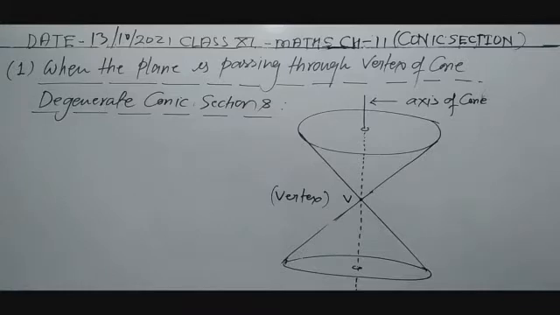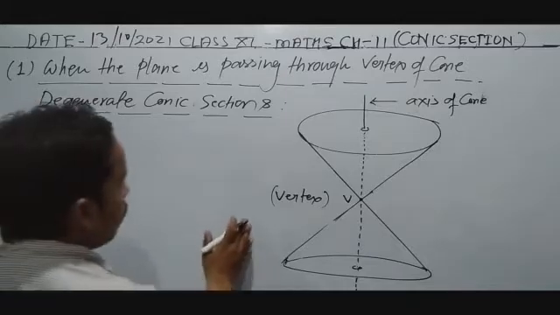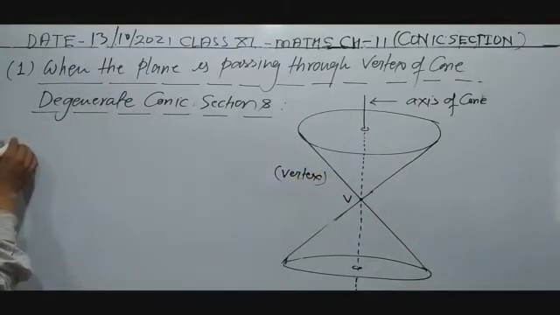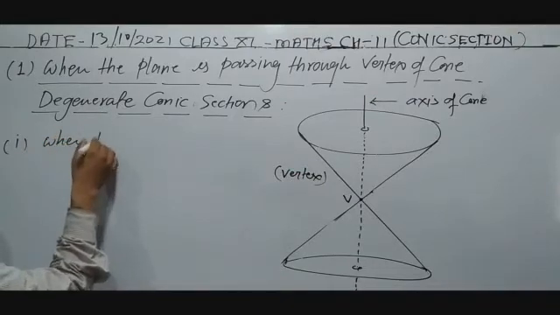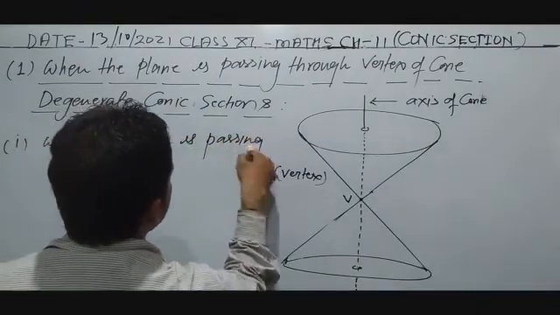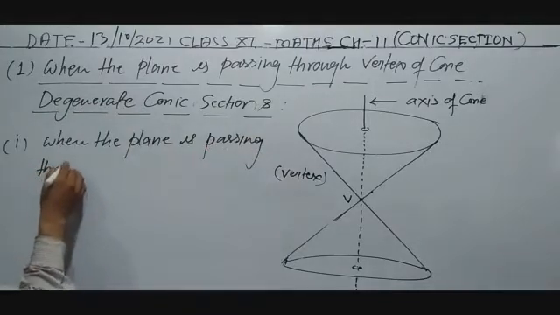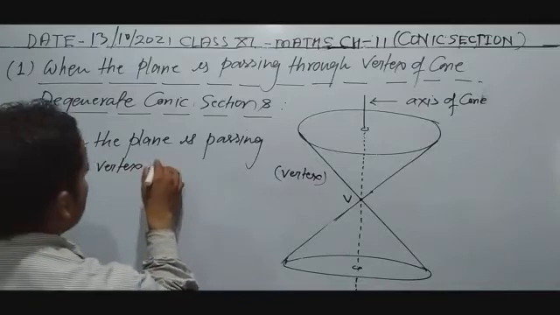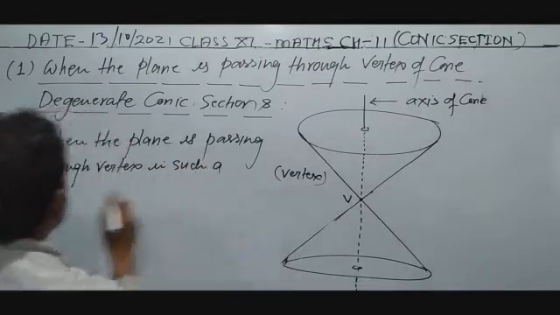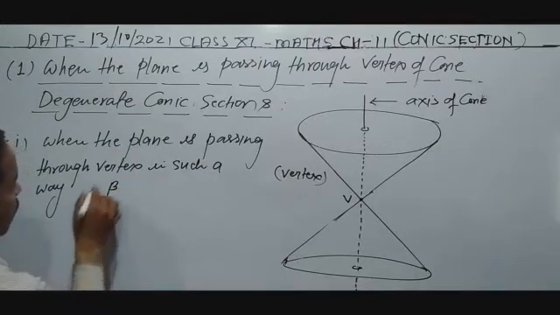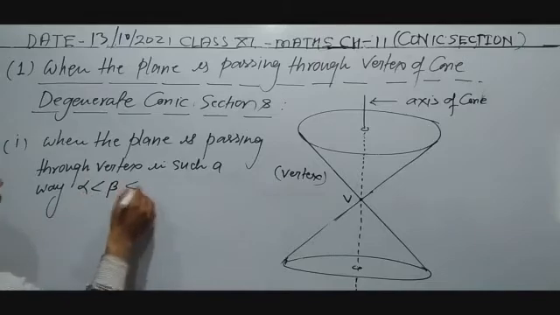Suppose we take the first condition. The first condition is when the plane is passing through the vertex in such a way that beta is greater than alpha and less than or equal to 90.